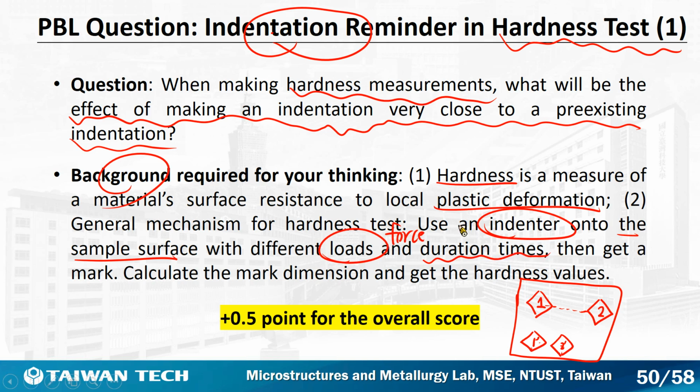We use diamond because diamond is very hard, and the force would indent the surface, so we will see a mark like this. Then we calculate the mark dimension. Try to imagine that if you use a larger load, then you can expect the dimension of this mark would be larger.